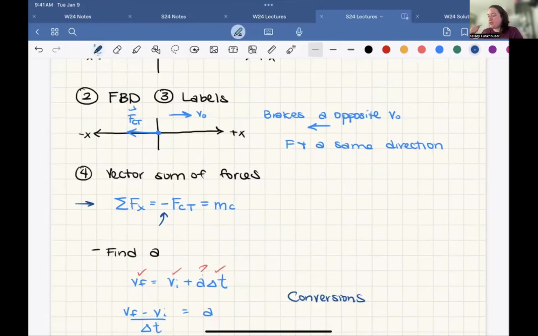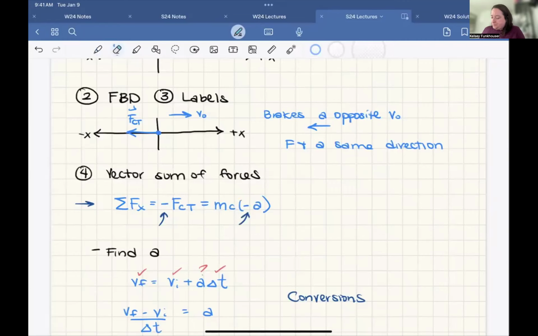So because we know that the acceleration is in the same direction as this only force that we have, we need to also include its negative sign. So you're not always going to know the direction of the acceleration, because sometimes you have a bunch of forces acting and you don't know for sure. But in that case, if you guess the wrong thing, you'll just end up with a negative instead of a positive when you're doing the math, but we'll get to that.